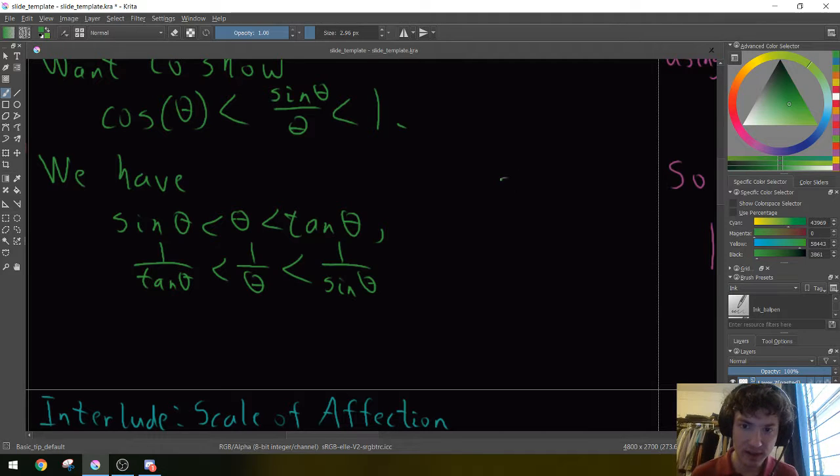So sine theta over tan theta. What does this simplify to? This would be sine theta divided by tan theta, or sine theta times cosine over sine. So sine theta times cosine over sine, and then the sines cancel, and we're left with what?